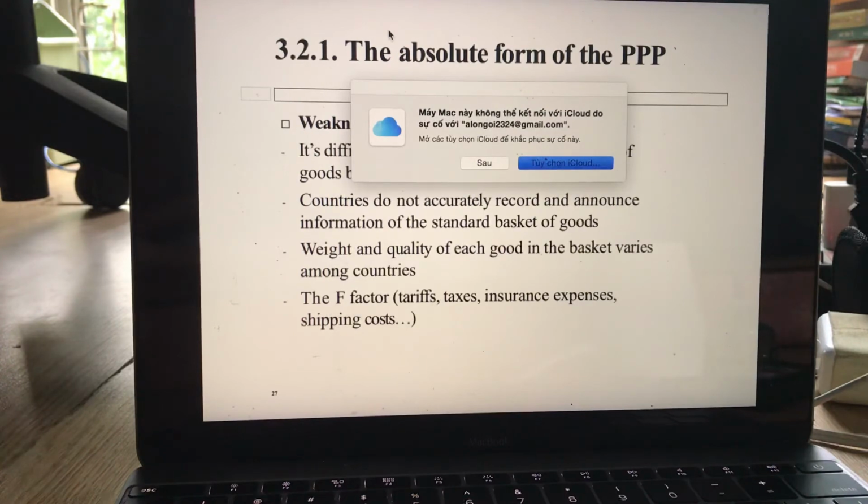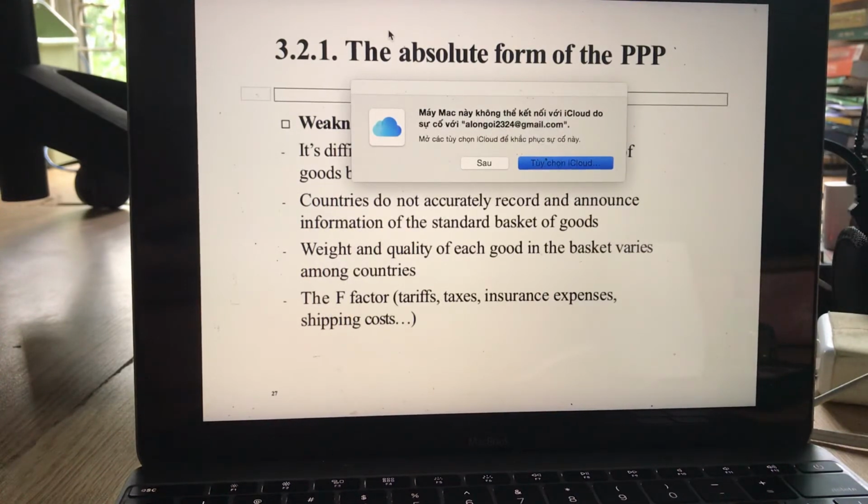So that's why the main drawback of the absolute form is that it is very difficult to find a common standard basket of goods. And the way to assign the weight and quality of each good is quite different across countries, again because of taste. Also, there are factors like tax, insurance expense, and shipping costs.